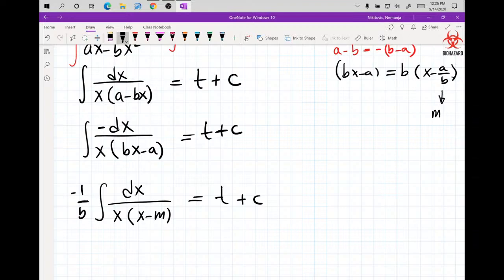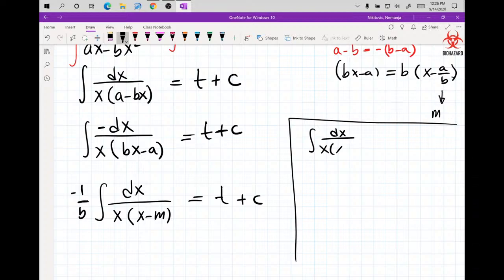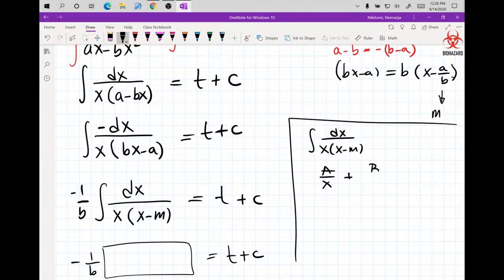And now we're going to just do the partial fraction decomposition to integrate the left hand side. I'm going to do this in a box on the side here. I have integral of dx over x minus m, and I'm just going to copy 1 over b obviously here, and then put my answer in there, and then have t plus c. So integrating this, I know that my setup is a over x plus b over x minus m equals 1 over x minus m.